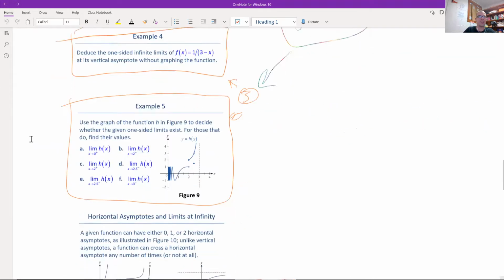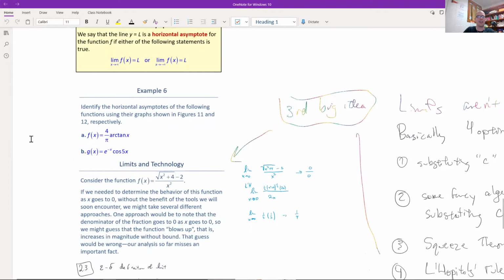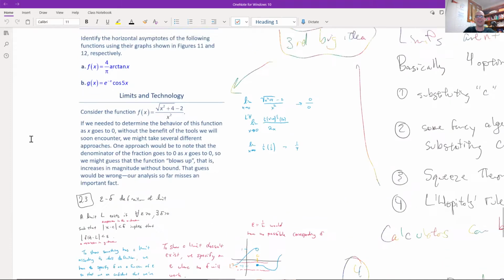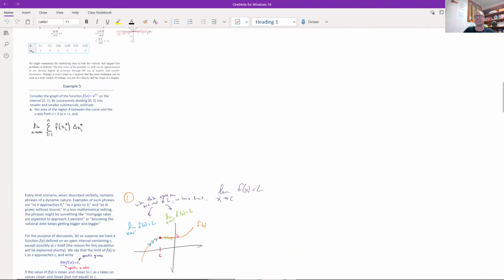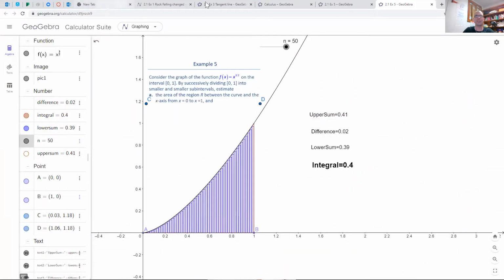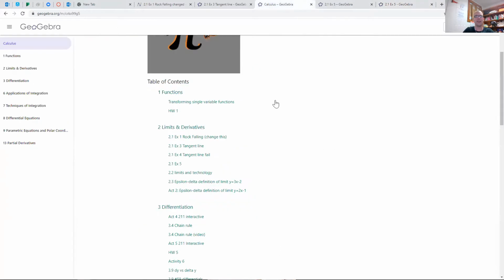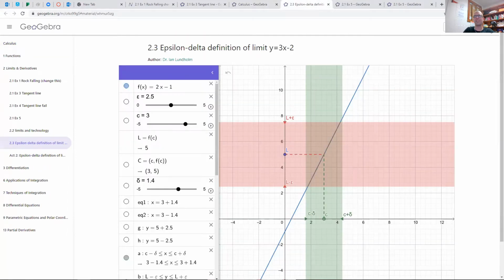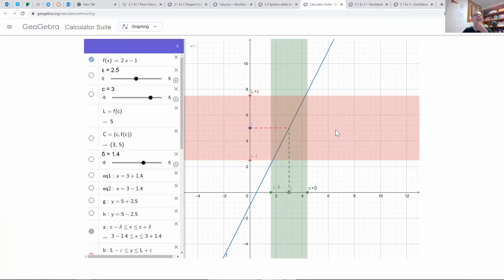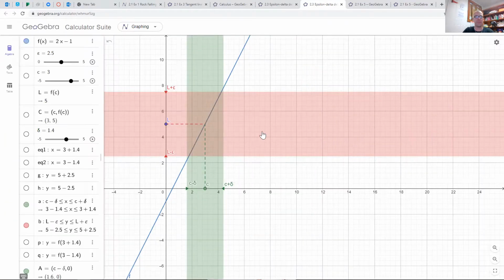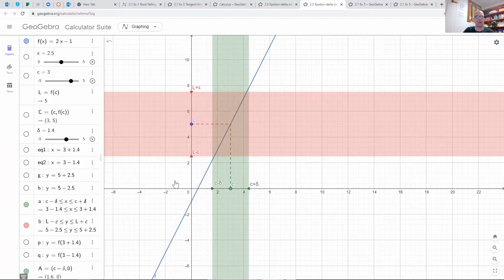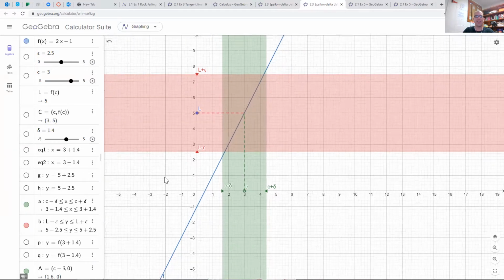Oh gosh, it's 5 o'clock. It's 5:05 already. Do I have the limit definition of, let's see. If I can find it on GeoGebra, we're gonna do it. Here we go. All right. Boom. Let's just do this, and this will be a good way to wrap up, and we can ask questions, and then when I get back.